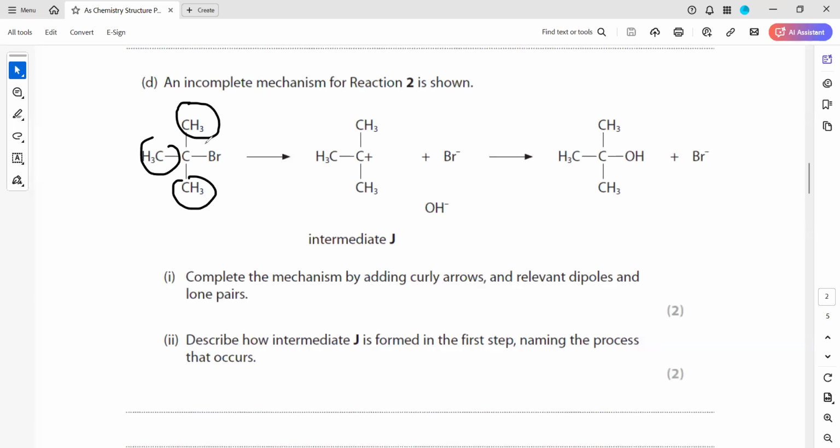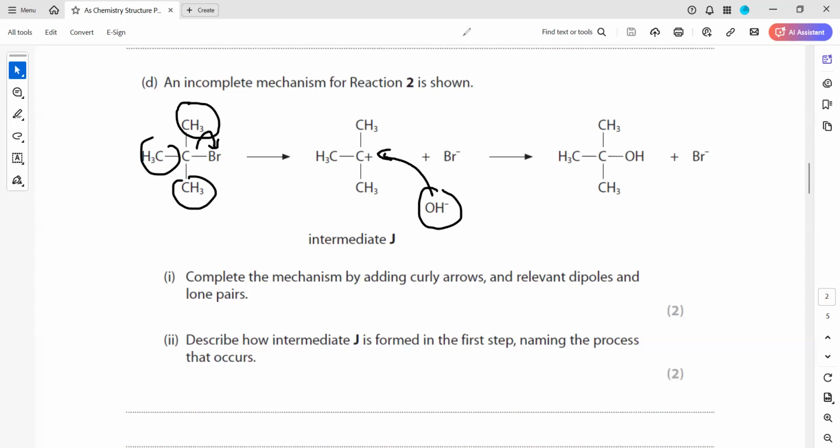So in a tertiary halogenoalkane, first the bond breaking will happen, and then the bond forming will occur. So first the bond will break, and then the attacking nucleophile, the OH, will attack, and as a result, the reaction will proceed.